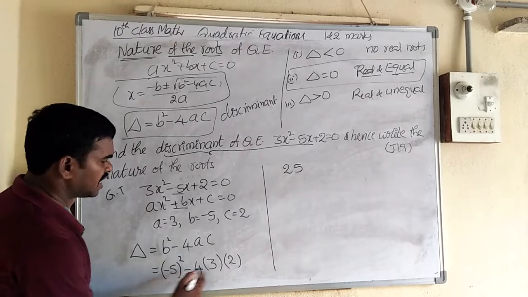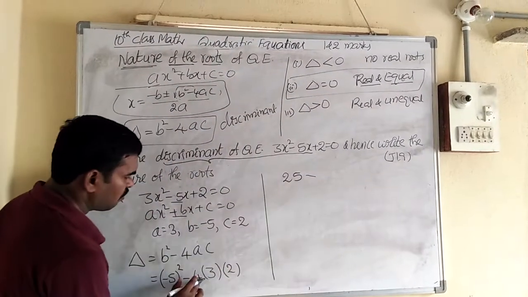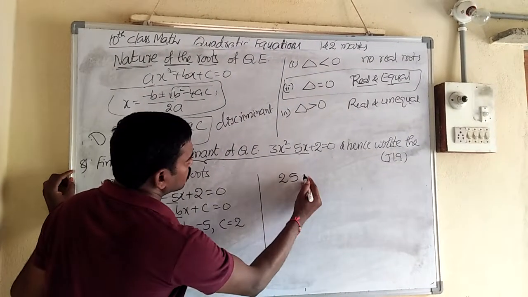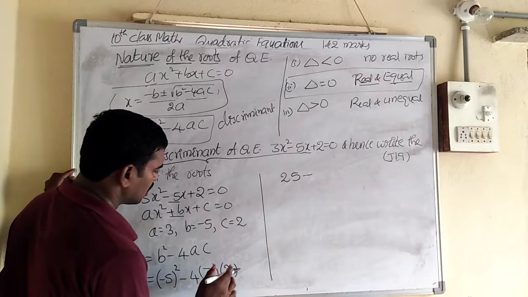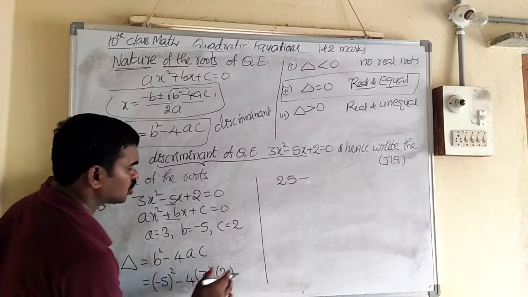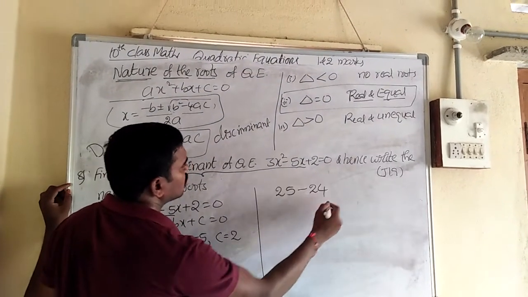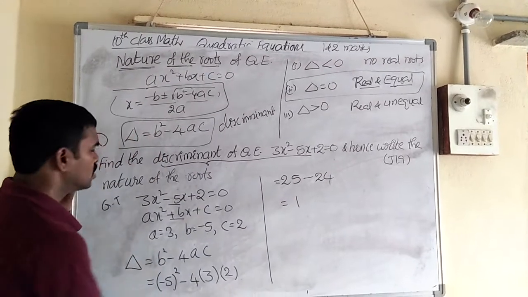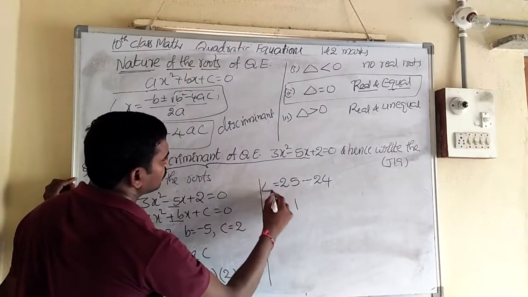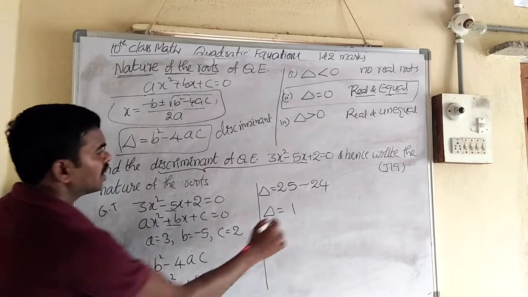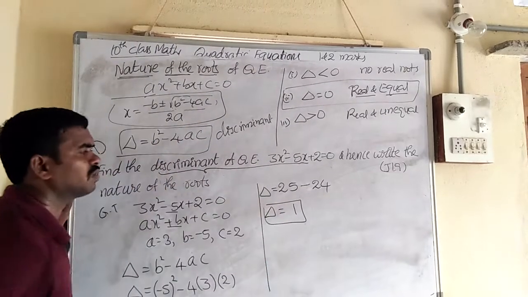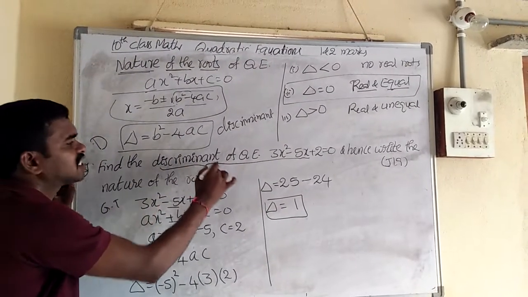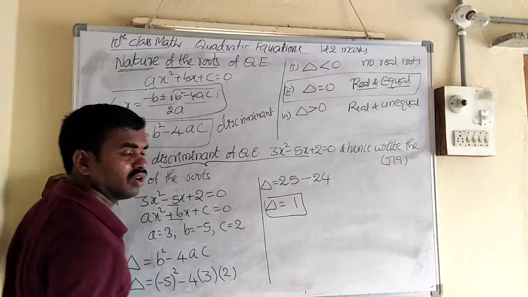Next minus 4 into 3 is 12, 12 into 2 is 24. So 25 minus 24 is 1. So the delta value is 1. The question asks to find the discriminant, so discriminant equals 1.